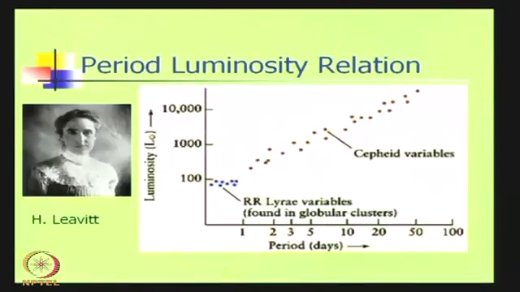Once you have open clusters which contain Cepheid variables, you can then calibrate this period luminosity relation, because you need to know the luminosity of at least one or two points to determine the calibration of this curve. Otherwise you will just have a relation between the luminosity and the period, but you will not know the distances. So you need to know the distances to determine the calibration of this curve, right.